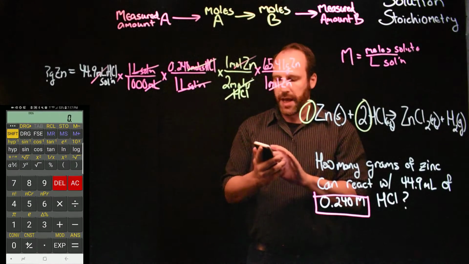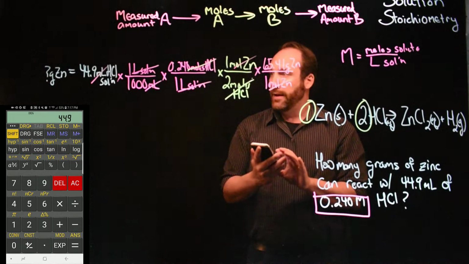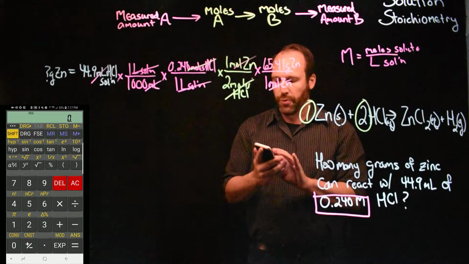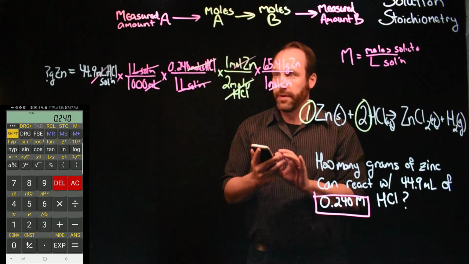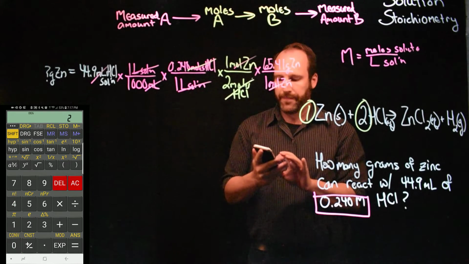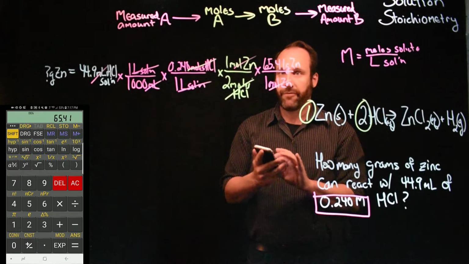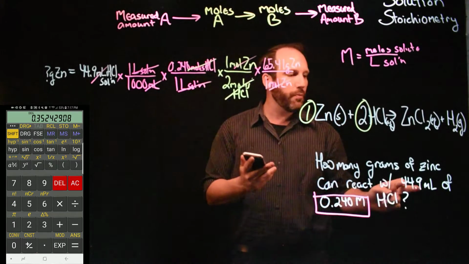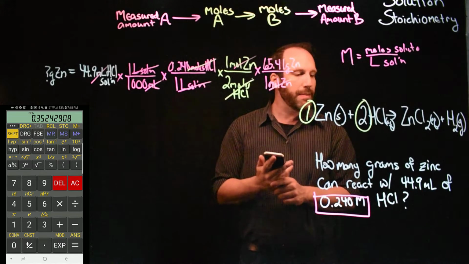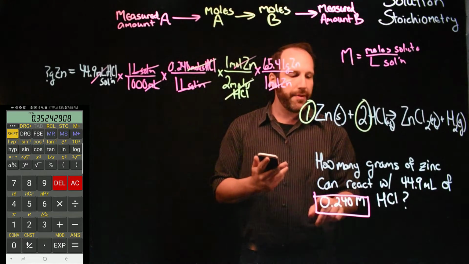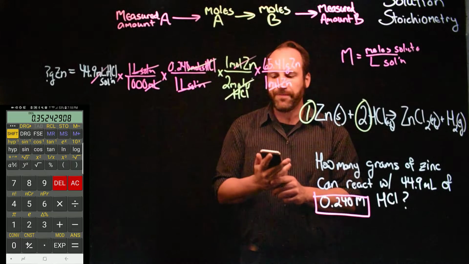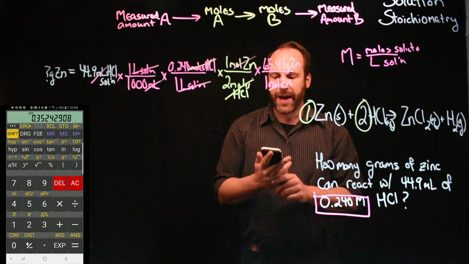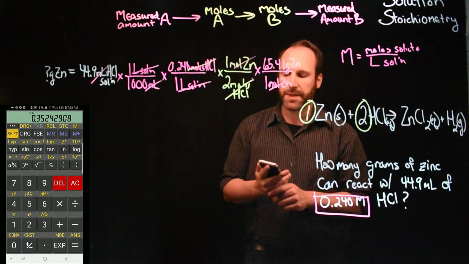Okay, so we'll say 44.9 divided by 1,000 times 0.240 divided by 2 and times 65.41. Okay, and so what we get is that if we start with about 50 milliliters of this solution of HCl, we can react 0.352 grams of zinc.